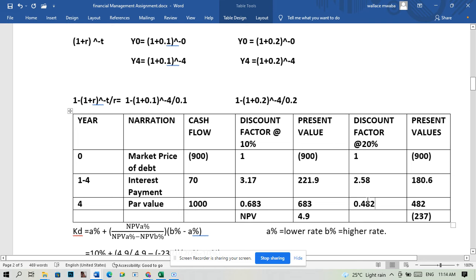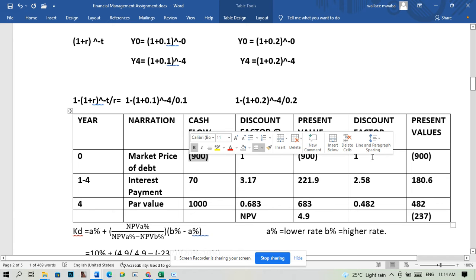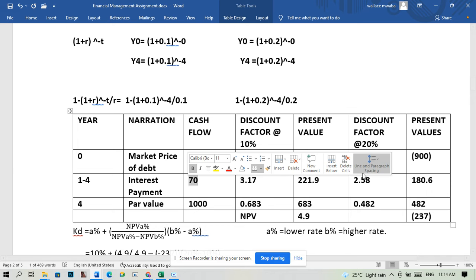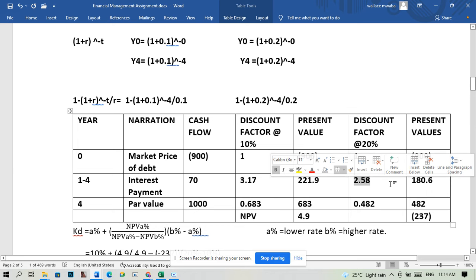So once we found our new discount factors, we're going to get our present values by multiplying our cash flows with our new discount factors. So 900 times 1 gives us negative 900. 70 times 2.58, we get 180.6.